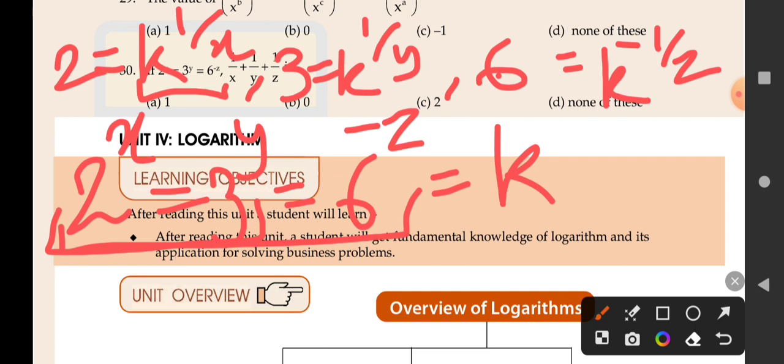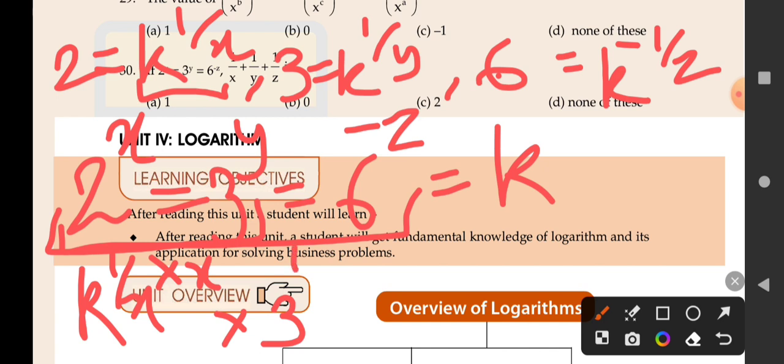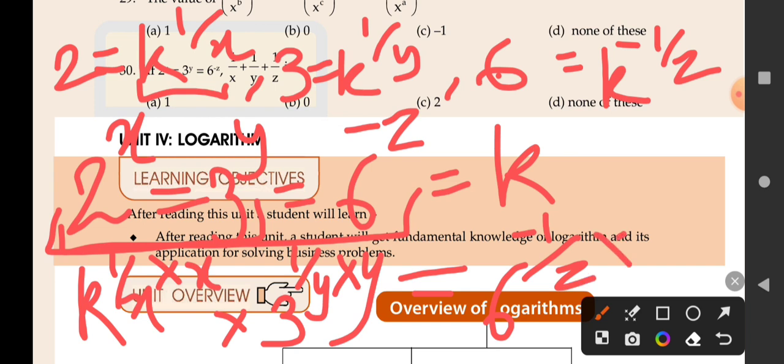So 2 is k power 1 by x, whole raised to x, into 3 raised to 1 by y into y, equals 6 raised to minus 1 by z into z.